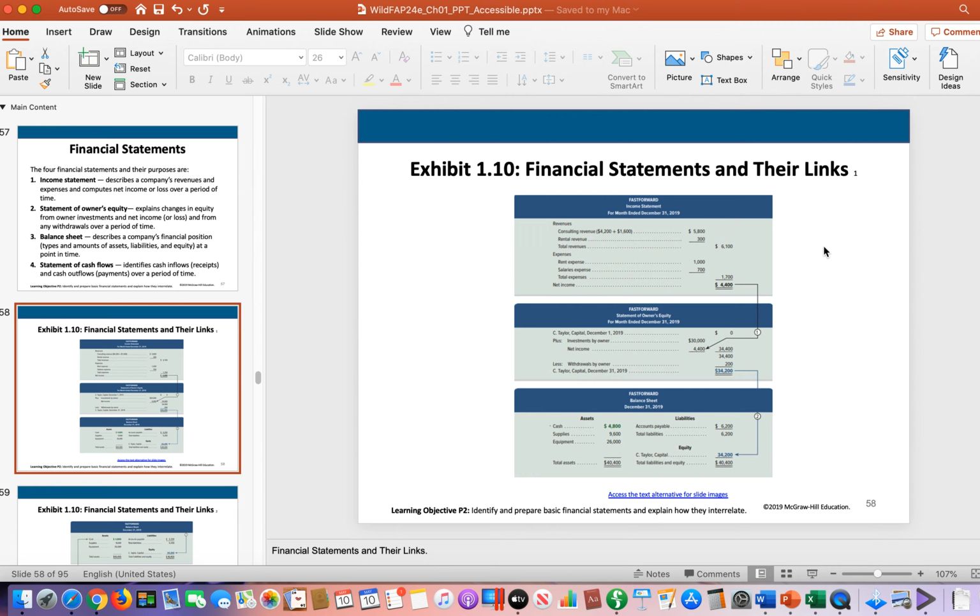And that gives you altogether $6,100 in revenues. Then you subtract the expenses and you come up with a net income of $4,400. Revenue minus expenses. See that? Now, you're going to take that $4,400 and you're going to use that in the statement of owner's equity.